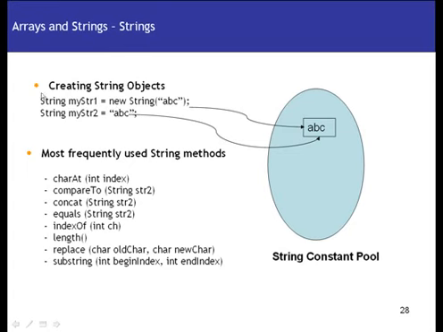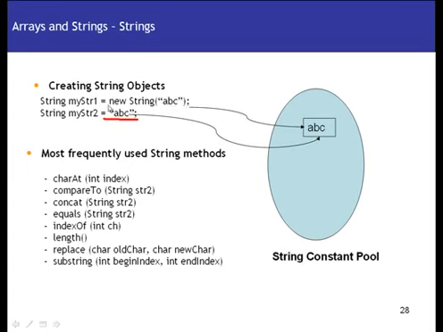So there are two ways in which you can create strings. You can either directly assign it to a string literal, or you can say new string ABC. There is one difference in these two declarations. What's that? Let's see.